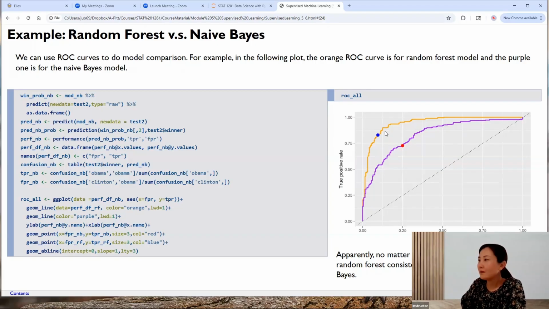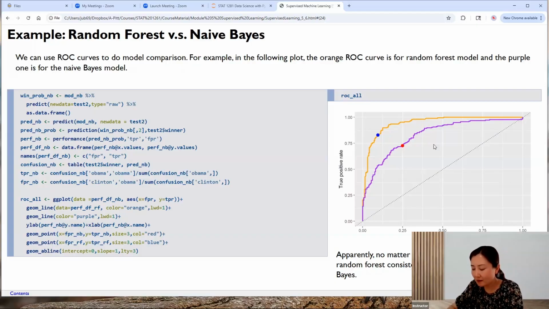So apparently, the random forest model is superior to the naive Bayes model, no matter what threshold we choose. The curve is always above the naive Bayes model. Right? There is a big difference between these two models. So this is one extreme case because the naive Bayes model is the worst and the random forest model is the best. So they don't cross.